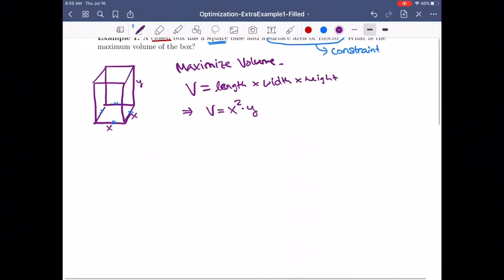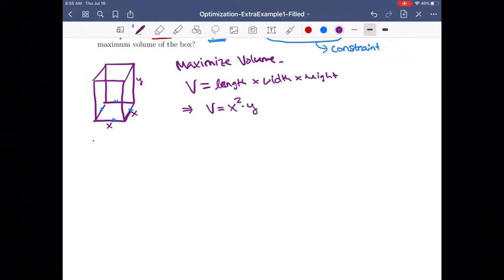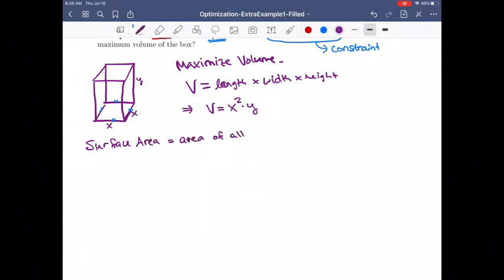Okay, so how do we compute the surface area? Surface area is the area of all the sides combined. Now the bottom and the top are going to have the same area, whereas all the sides are going to have the same area.